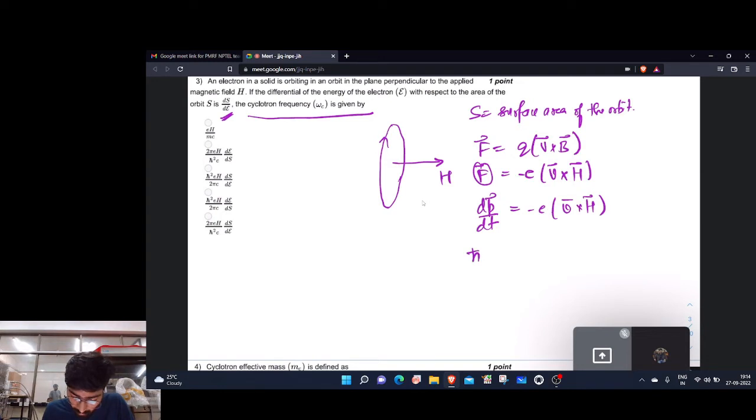Therefore h bar dk by dt is minus e V cross H.